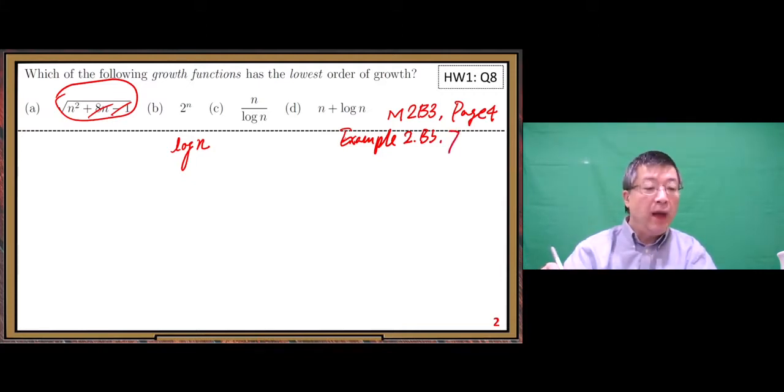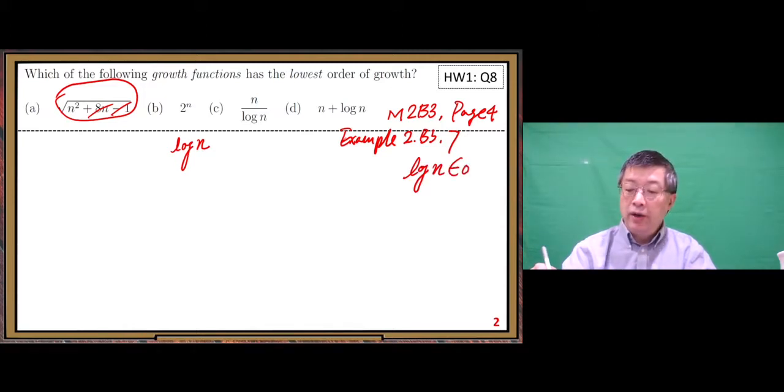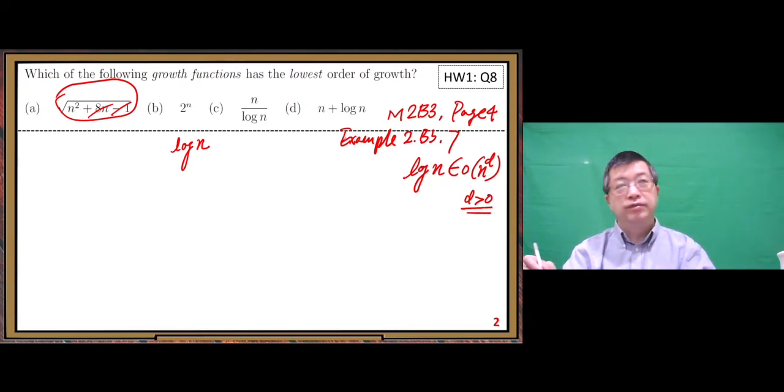In that example, we proved log of n belongs to little o of n to the d power, where d is any positive number, not necessarily an integer. A positive real number.